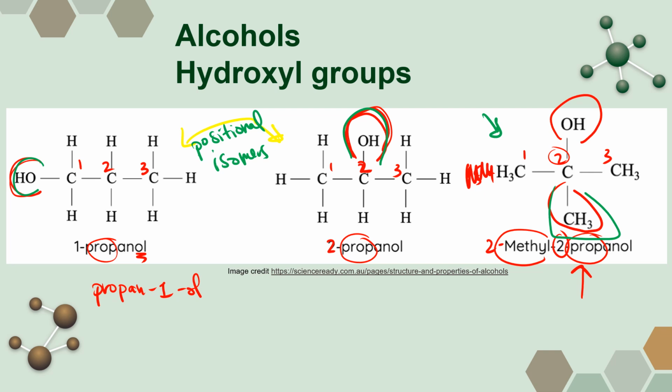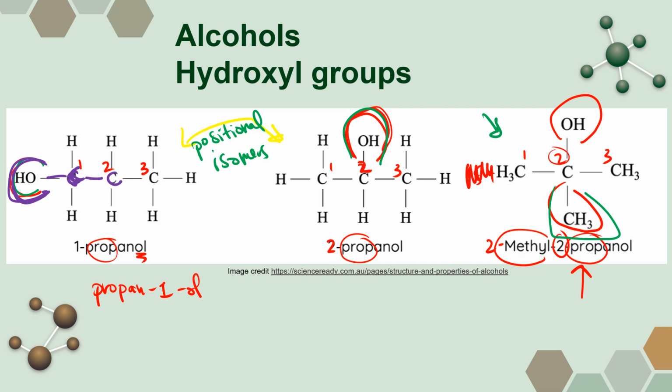We're going to talk about the carbons that the hydroxyl groups are bound to, which tell us these different levels of alcohol, which is going to be super important when we talk about the reactions of alcohols in a couple lectures. So the hydroxyl group on carbon number 1 here, the carbon that the hydroxyl group is bound to is stuck to one other carbon.